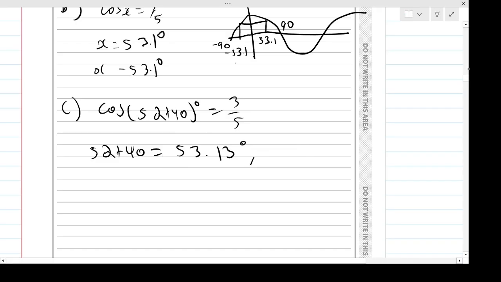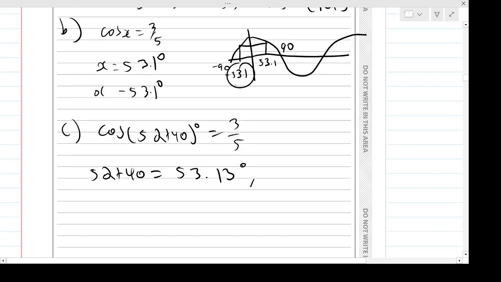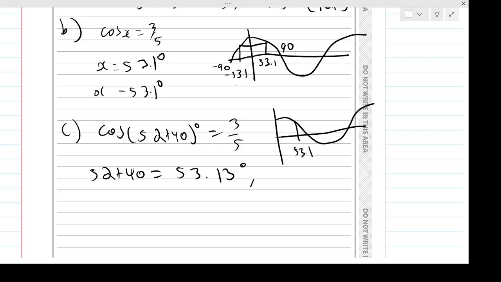To find the next solution, if we look at our cos graph, it will be minus 53.1, and then add on 360. Alternatively, we know the first solution is 53.1, and the next solution you could spot is here.